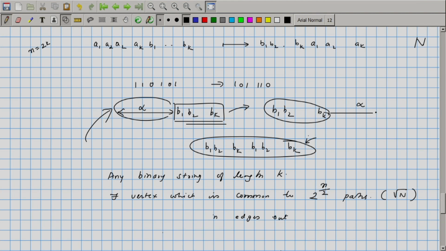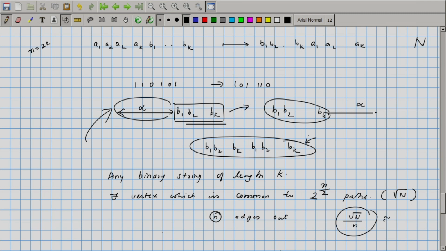So at any instant you can send at most log N packets out. So root n by log N, at least this much delay could be there if the input permutation was this.